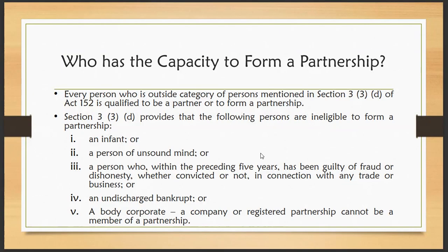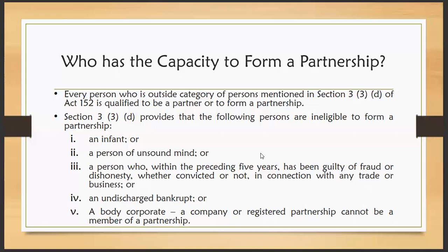So who are those who are disqualified? Infants, someone below the age of 18. At least that's the sense we get from Act 992, and then also the Children's Act. A person of unsound mind, a person who within the preceding 5 years has been guilty of fraud or dishonesty, whether convicted or not, in connection with any trade or business.